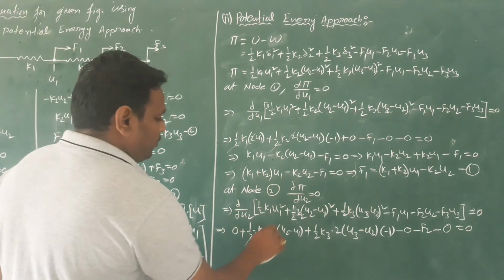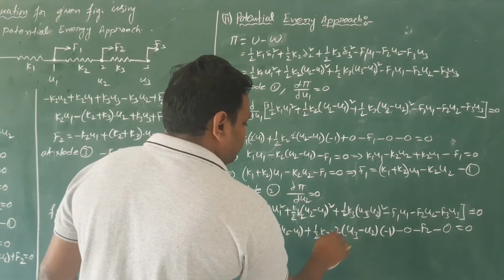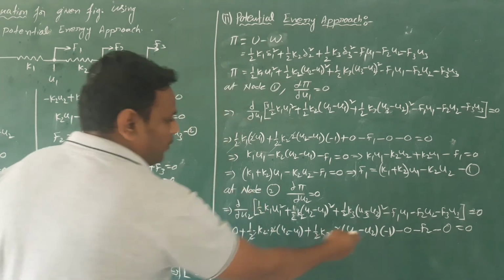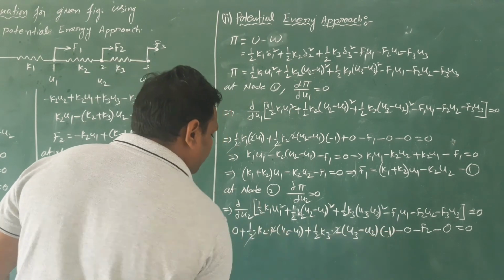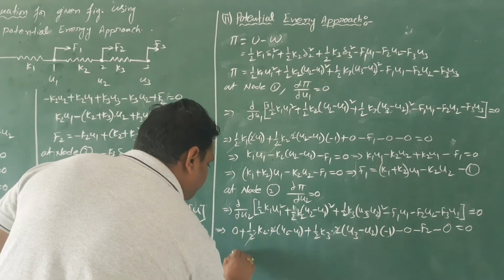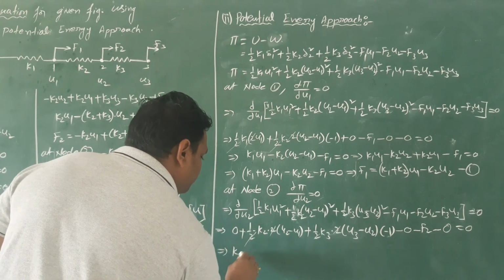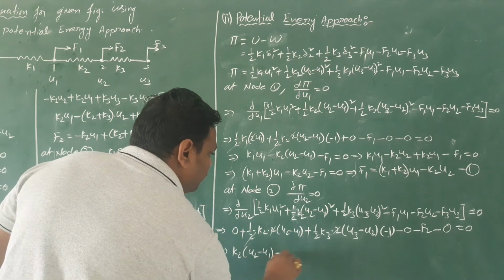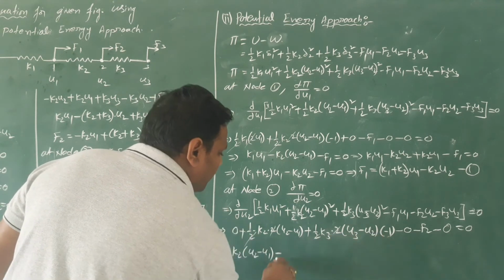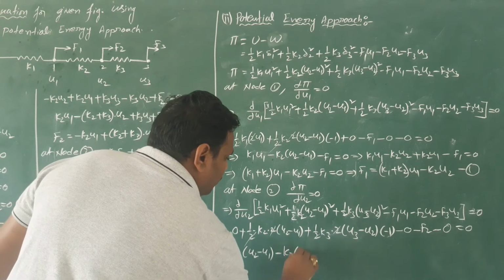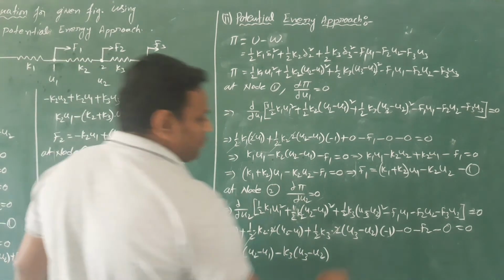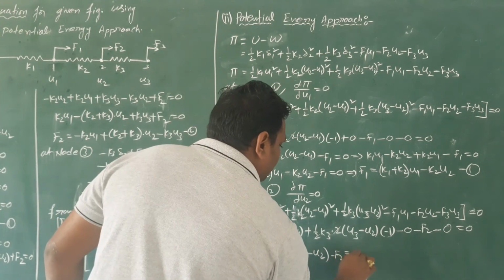Now here 2 is cancelled, and here minus 1 is there, so multiply the entire equation by minus 1. So finally we got K2 (U2 minus U1) minus K3 (U3 minus U2) minus F2 is equal to 0.